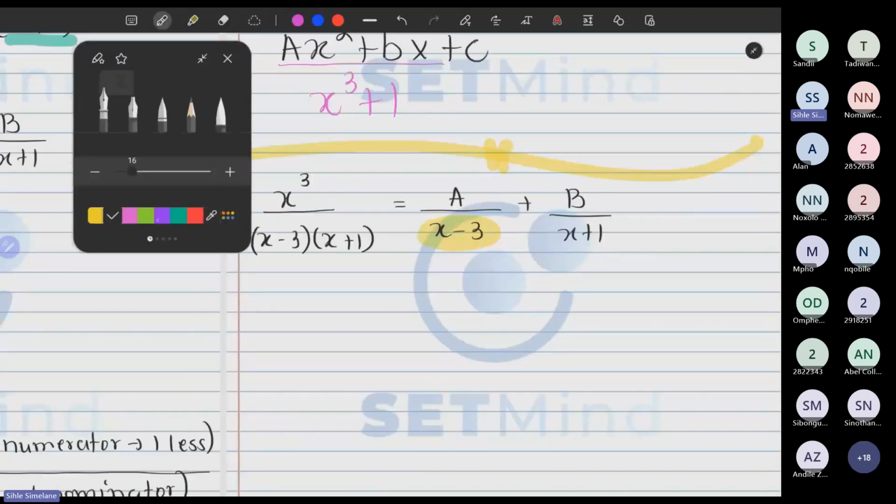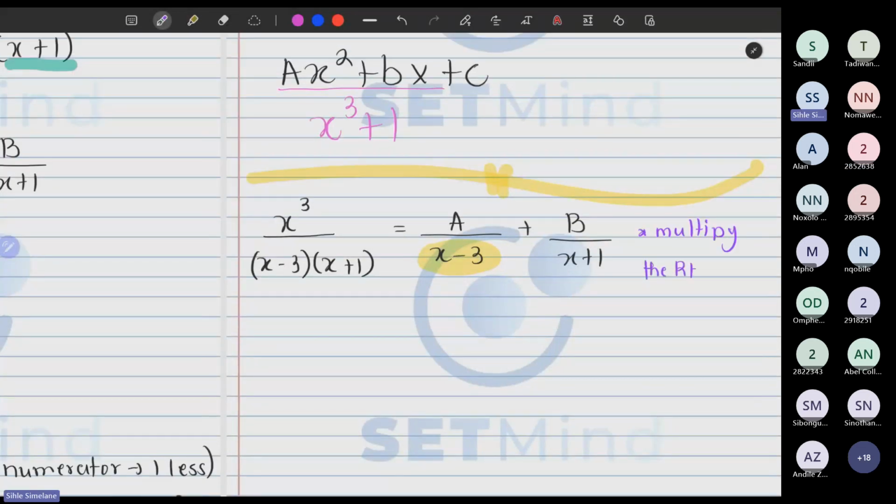And then after you do this, what you should do is you should multiply the right-hand side and the left-hand side by the denominator, so that things cancel. So you'll multiply by x minus 3 and then x plus 1.